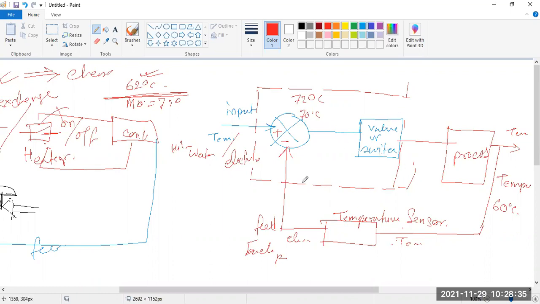After a few seconds, it reaches 72 degrees centigrade.